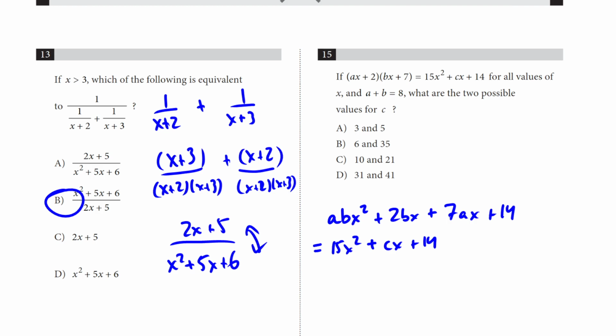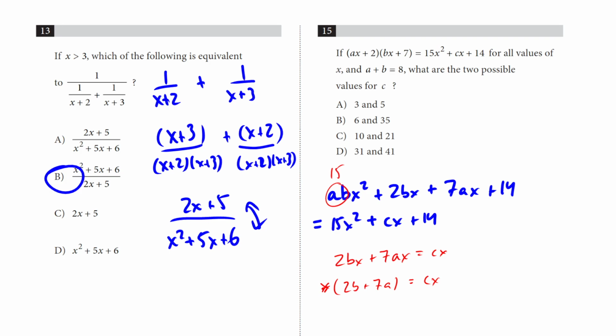So at this point, ab is equal to 15, 14 is equal to 14. So really we're just dealing with the fact that 2bx plus 7ax is equal to cx. So we can factor out an x. We get 2b plus 7a is equal to cx. We can eliminate the x's at this point. So 2b plus 7a is equal to c.